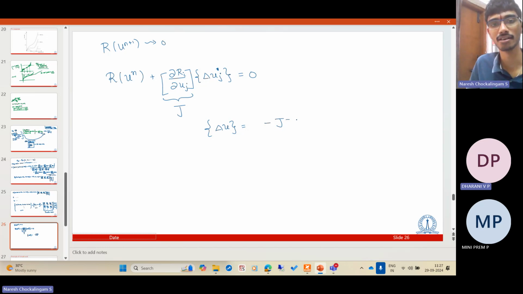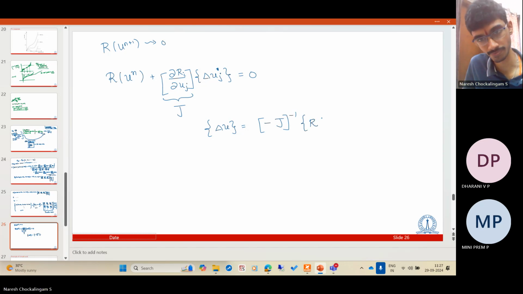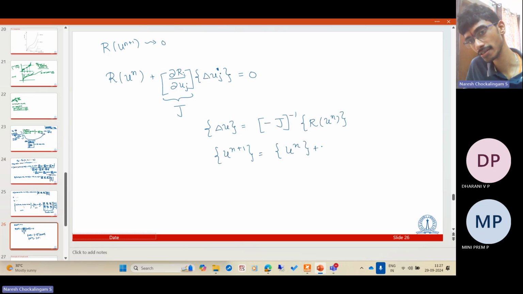It's just inverse. And what inverse? It is inverse on the left side, because this is a matrix and this is a vector. You can't multiply it to the right side. So it is minus J inverse times R of un. And again, un plus 1 is un plus delta u.